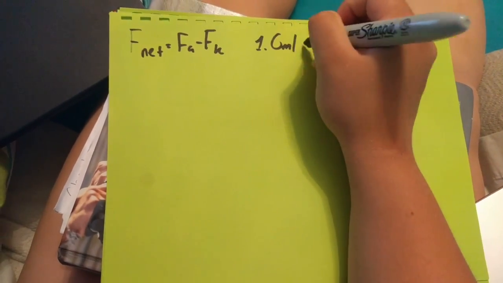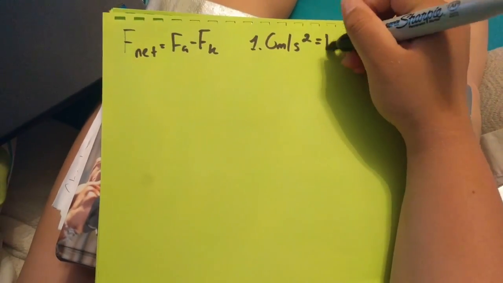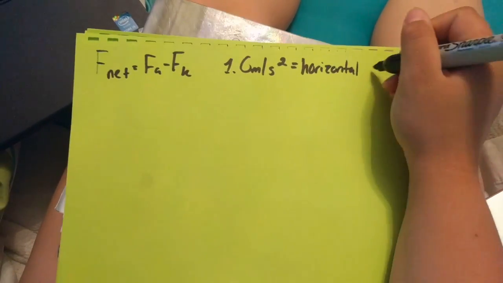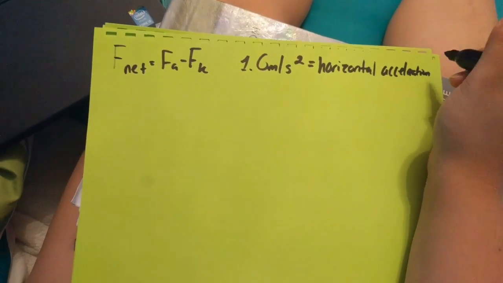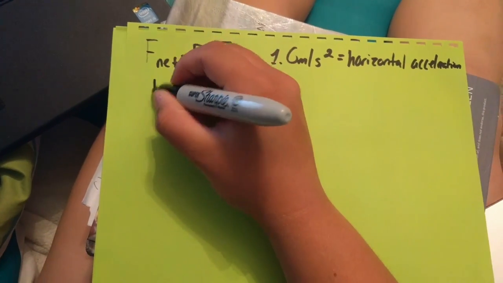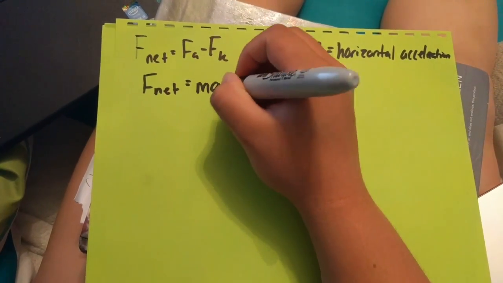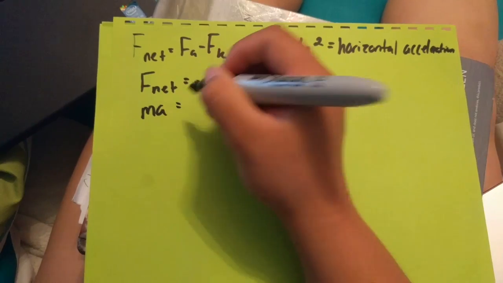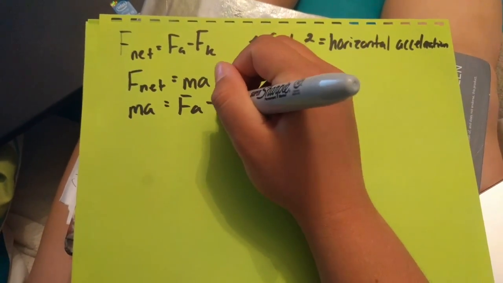Using the equation F net equals Fa minus Fk, we can finally state that F net equals mass times acceleration, because the horizontal acceleration of 1.0 meters per second squared is the net acceleration of the mop.